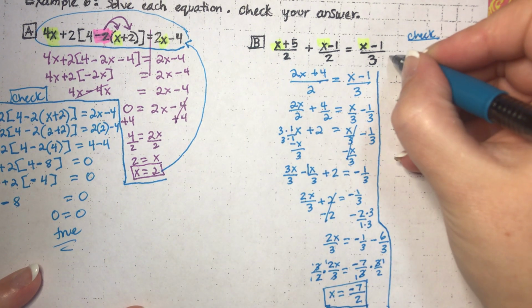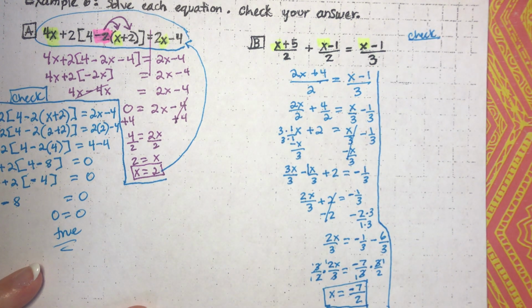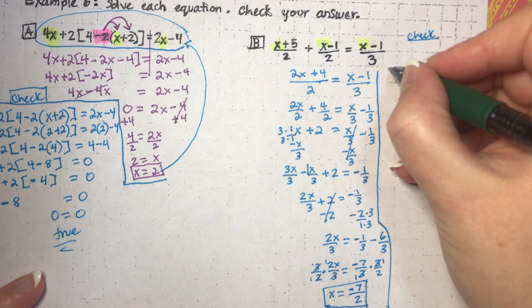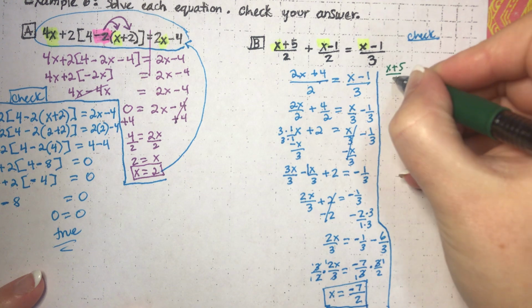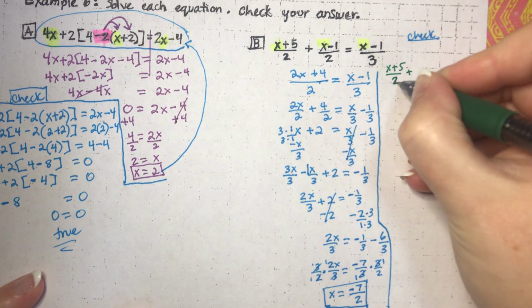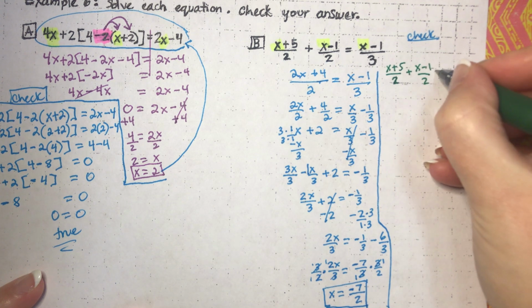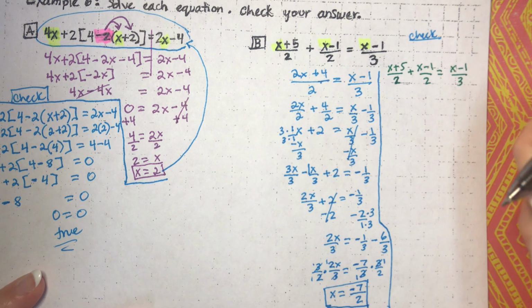All right, we're going to go maybe a different color. Use green. Okay, I'm going to go x plus 5 over 2 plus, write the original equation, x minus 1 over 2 equals x minus 1 over 3.